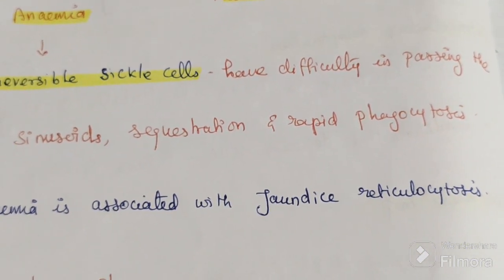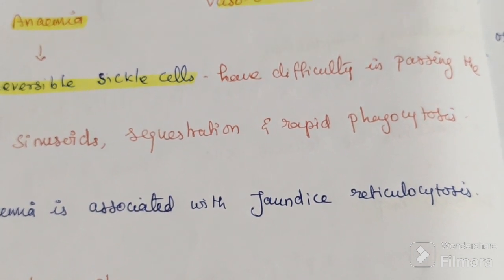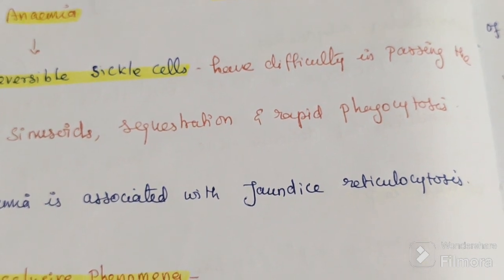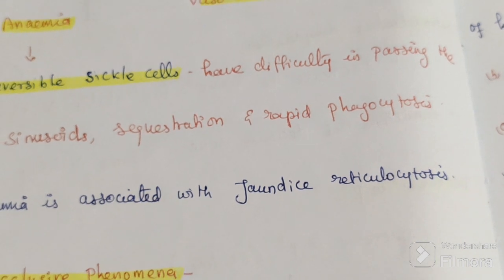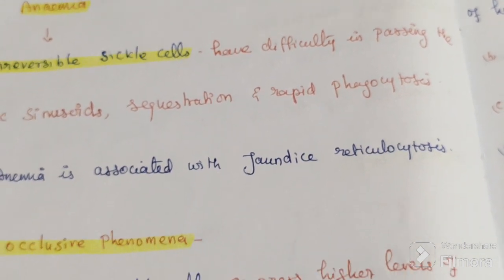So the RBC is undergoing extravascular hemolysis, which leads to anemia. The patient presents with symptoms of anemia along with jaundice and reticulocytosis.